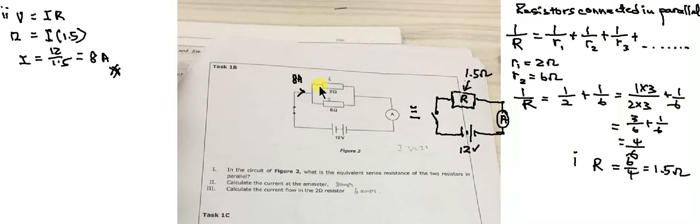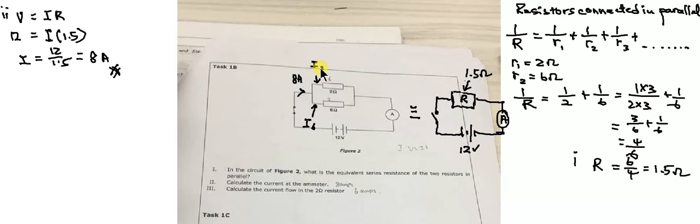Now how do you find the current flowing through, let's say, the 2 ohm? This one we call I2, and this one we call I6.